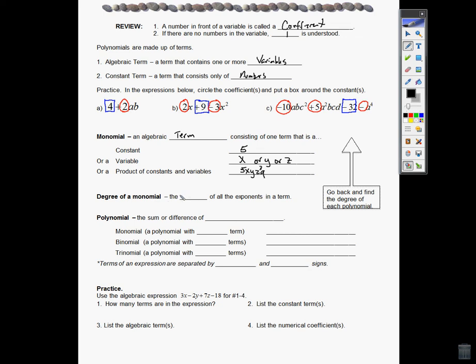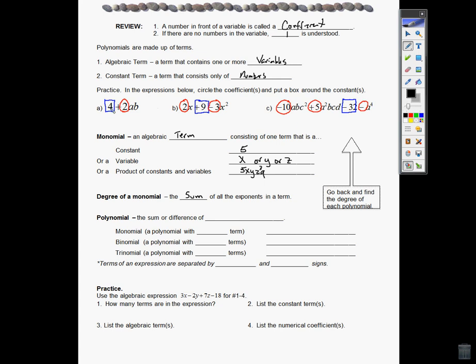The degree of a monomial is the sum of all of the exponents in that particular monomial. So, for example, if I go up here, and like I said, this whole thing is a polynomial made up of two different monomials. So I could find the degree of both of these.